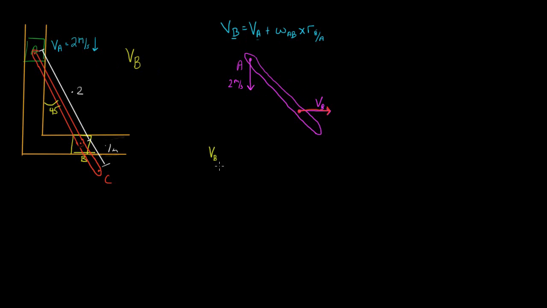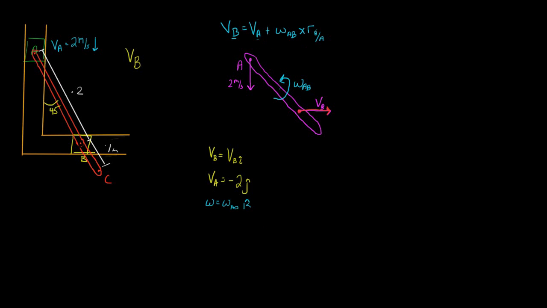So if we label everything we know here, we have a velocity of B, which is equal to a velocity of B with some i component because it's going in the horizontal. Our velocity of A is going to be equal to minus 2j. This omega AB, we don't know what this is, so again we are going to assume a positive angular velocity, and because it's positive, we're going to assume it's in the k direction.